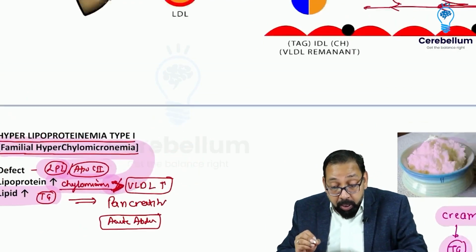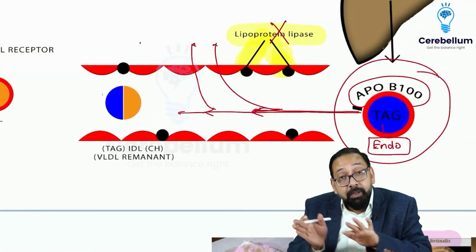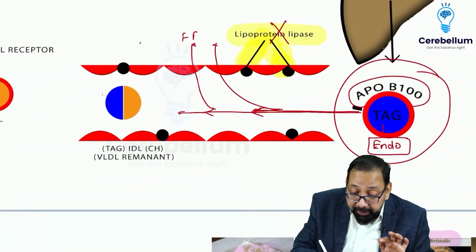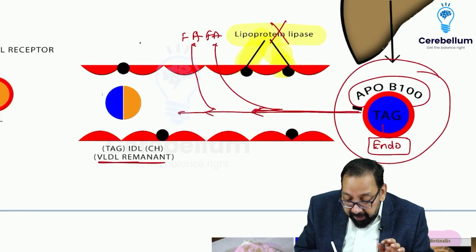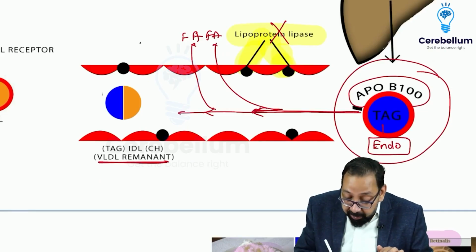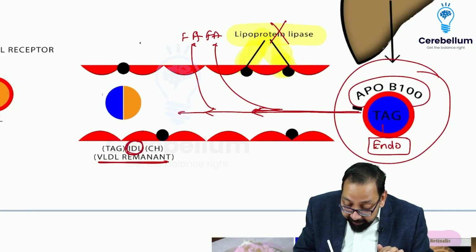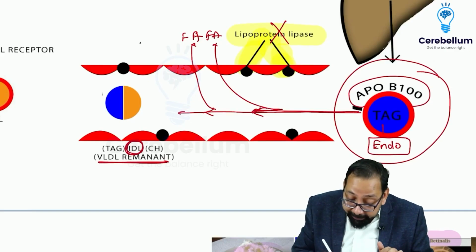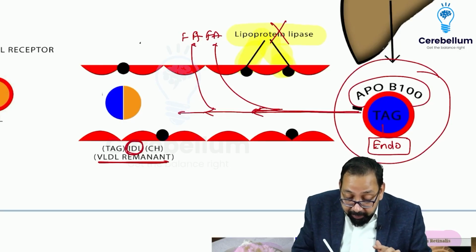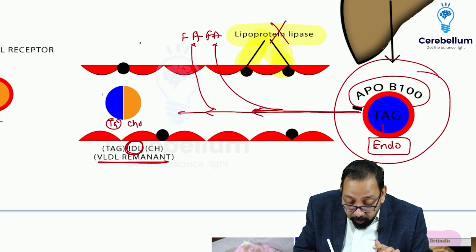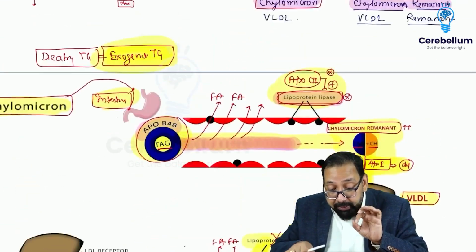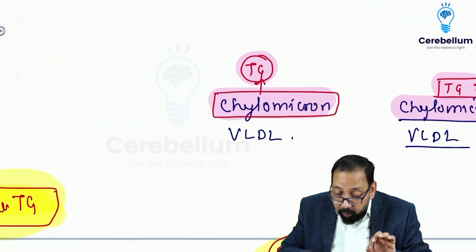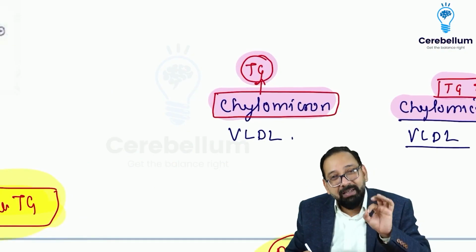Point it out. Now this VLDL will travel, fatty acid will be released, and ultimately it will be converted to a remnant, called VLDL remnant. Another name for VLDL remnant is IDL. IDL or VLDL remnant contains both triglyceride and cholesterol. Again, a mnemonic: if chylomicron is increased, triglyceride is increased.